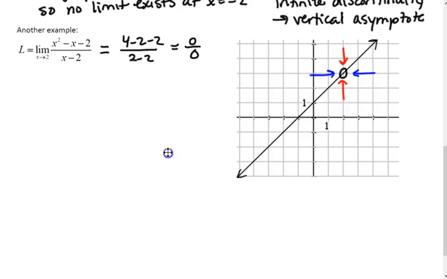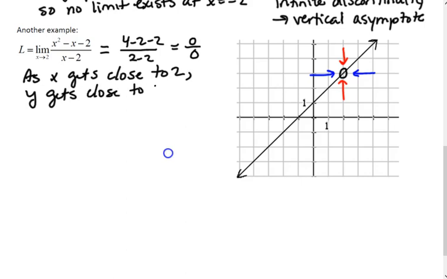So write this down: as x gets close to 2, y gets close to 3. So there is a limit. The limit of f of x at x equals 2 is 3.